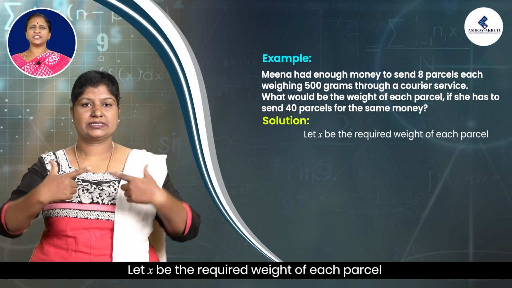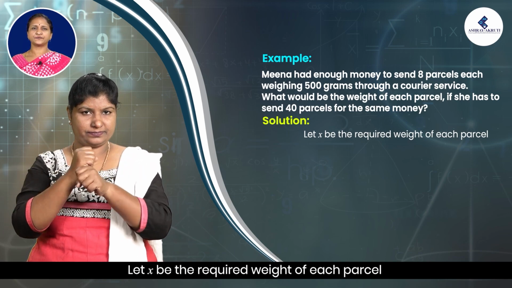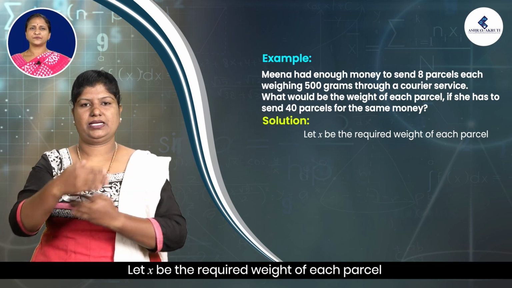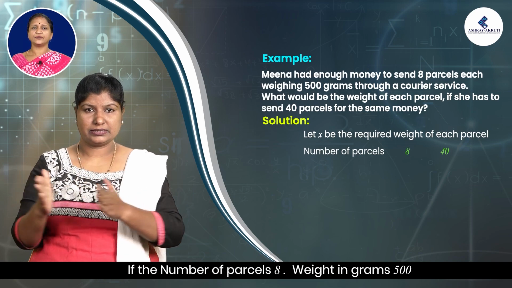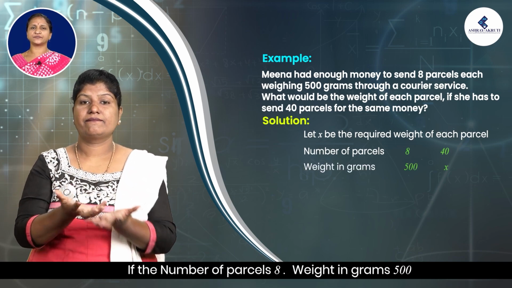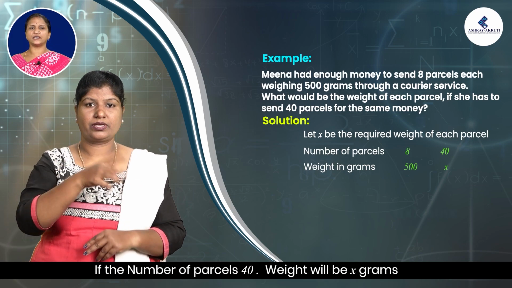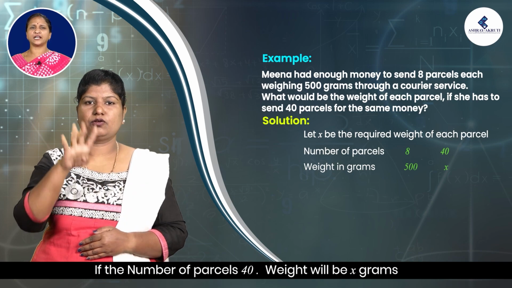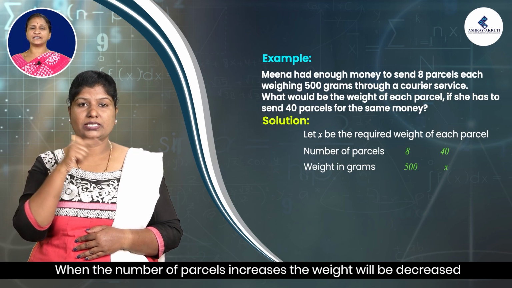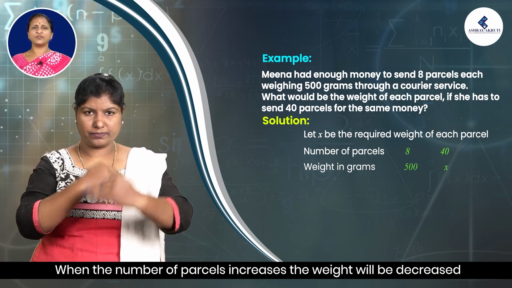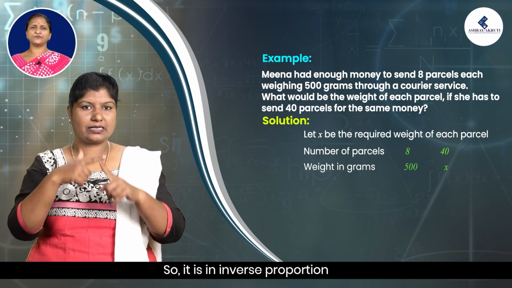Let x be the required weight of each parcel. If the number of parcels are 8, weight in grams is 500. If the number of parcels are 40, weight will be x grams. When the number of parcels increases, the weight will decrease. So, it is in inverse proportion.